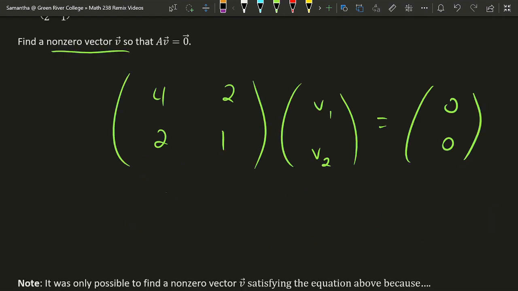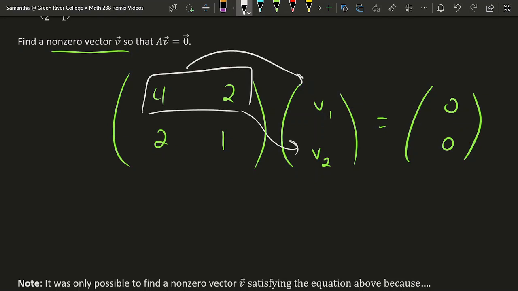Now, in order to make this equation true, I would need, first of all, to be able to calculate the product of the first row in the matrix with this vector v and get 0 as the result. So 4 times v1 plus 2 times v2 would have to equal 0.